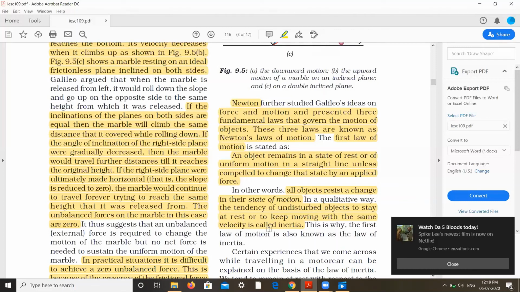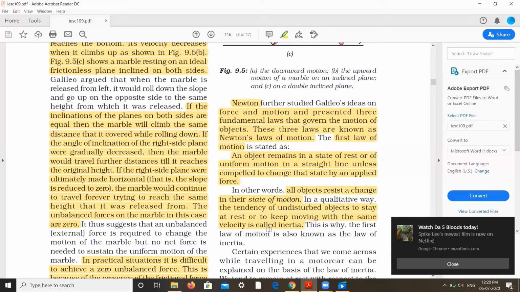You are not measuring that. Inertia cannot be measured. We do not measure inertia in some kind of units. But when we are talking about quality, we are talking about the character of that material. So whenever we talk about inertia, we are studying a qualitative term, not a quantitative term.